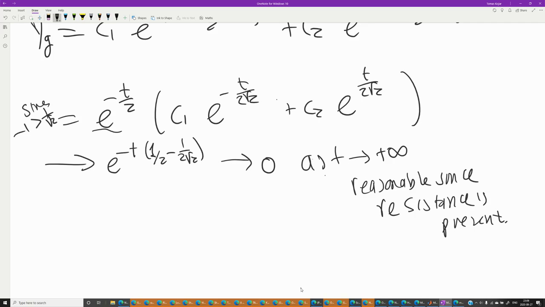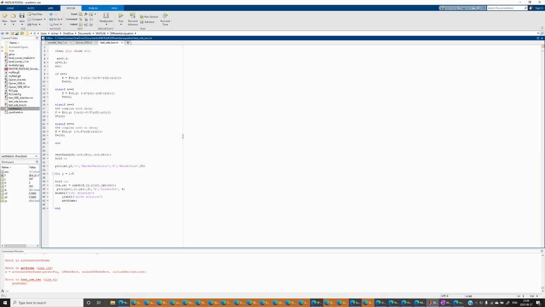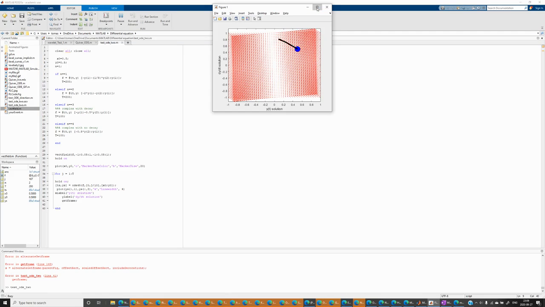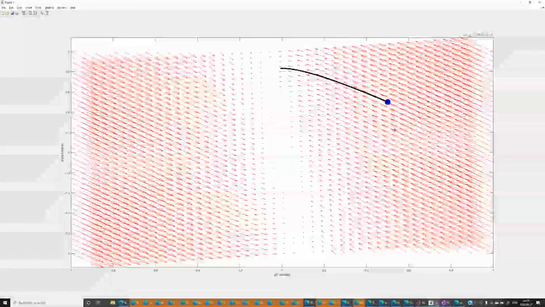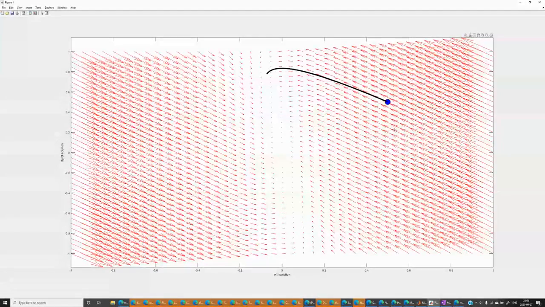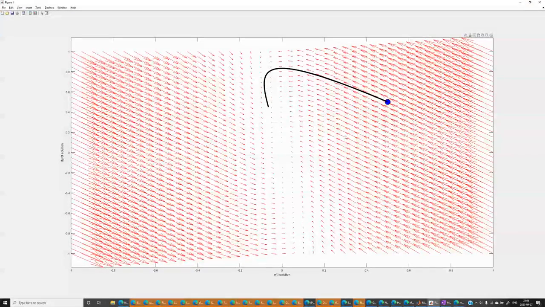Okay, so let's watch the simulation. So I'm doing the damped system. And we start from some initial data, and then indeed we decay down to the origin.